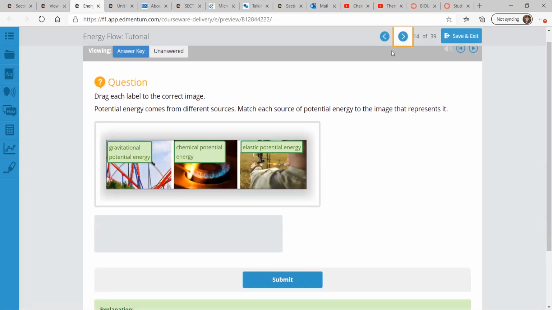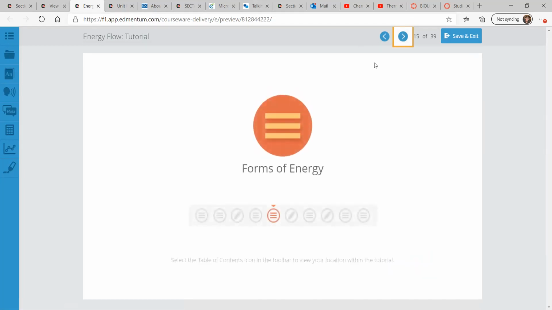Oh, that was a matching question, but there are the answers here. Fire, chemical potential energy. A slide or roller coaster, gravitational potential energy. And then a bow and arrow, archery, you're pulling back on that string, and that will shoot the arrow forward.